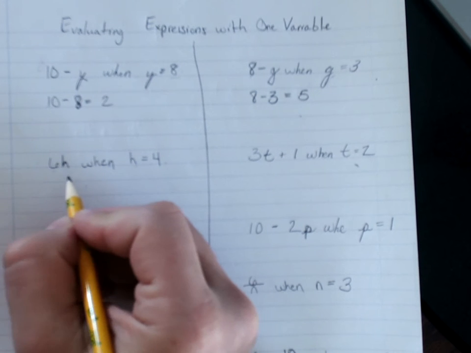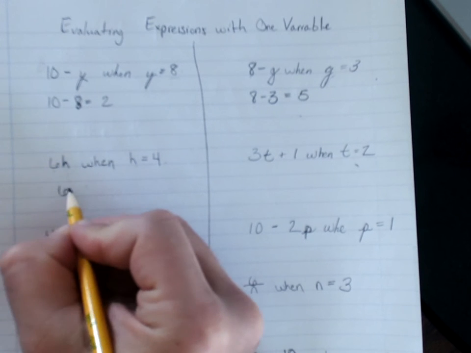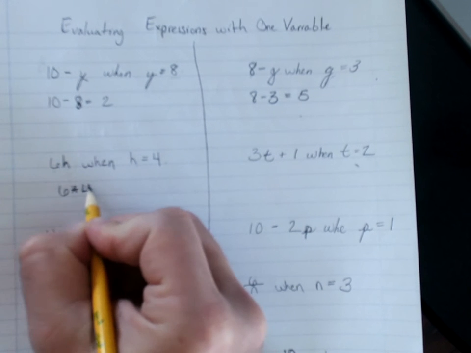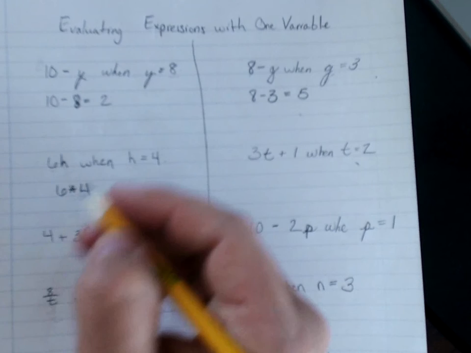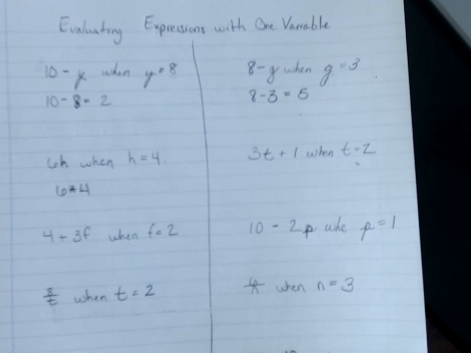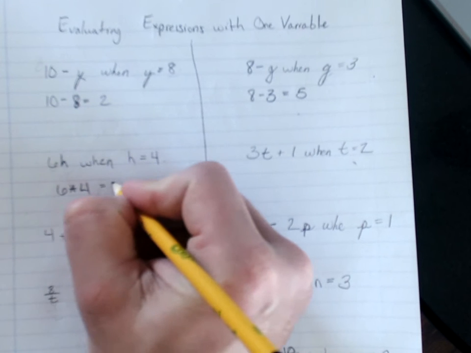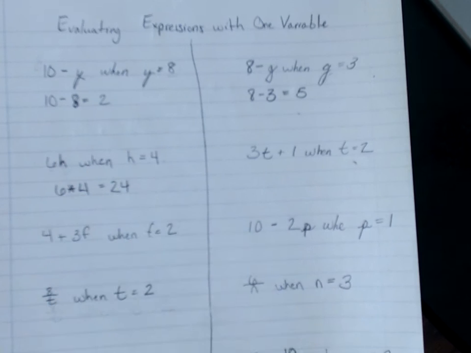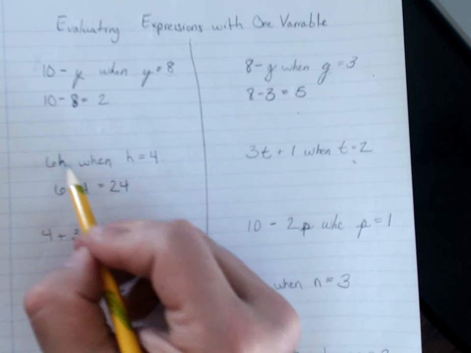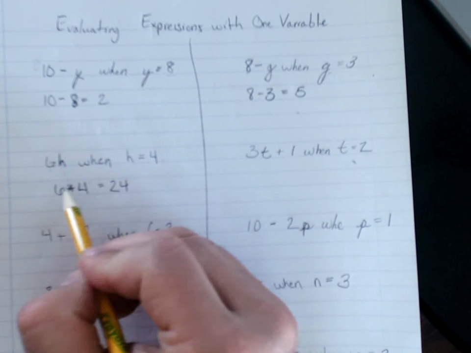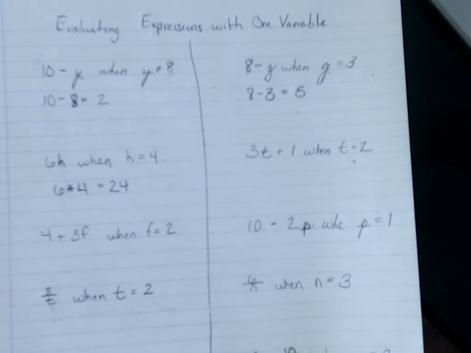So you can write this several ways. You could just write 6 times 4 like this. I'll write it a different way in the next few practice problems, so you can see the multiple ways that you can write this, but 6 times 4, of course, equals 24. H is 4. This is 6 times h, 6 times 4, 24.